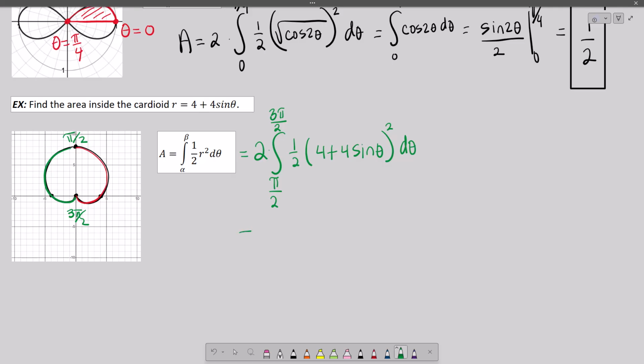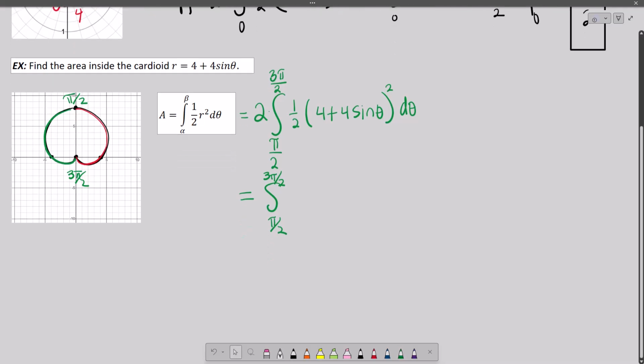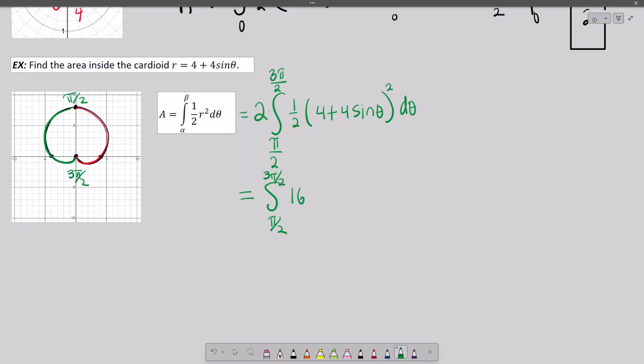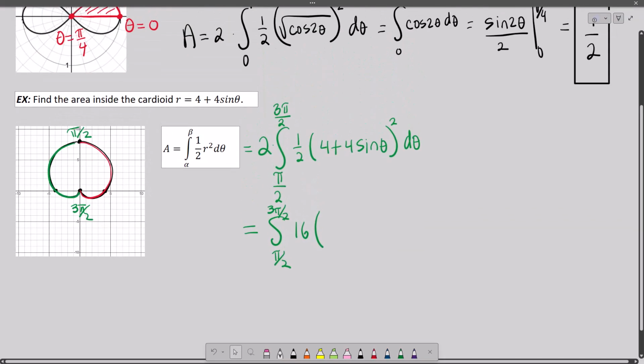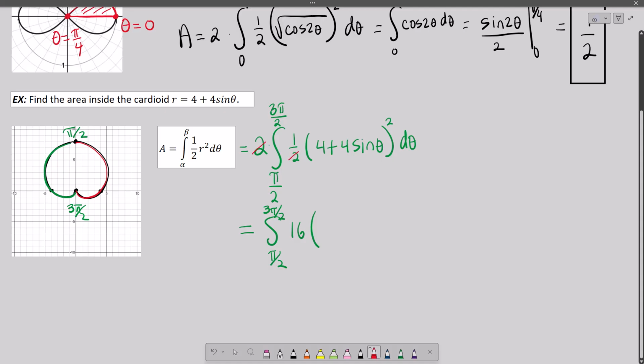So the 2 and the 1/2 cancel. And then we have some shenanigans in here. We need to FOIL this out. There's a couple of things we could do, and I think it's advantageous if we pull out a 16. If we take this 4 and factor it out, it has to get squared, which will be a 16.